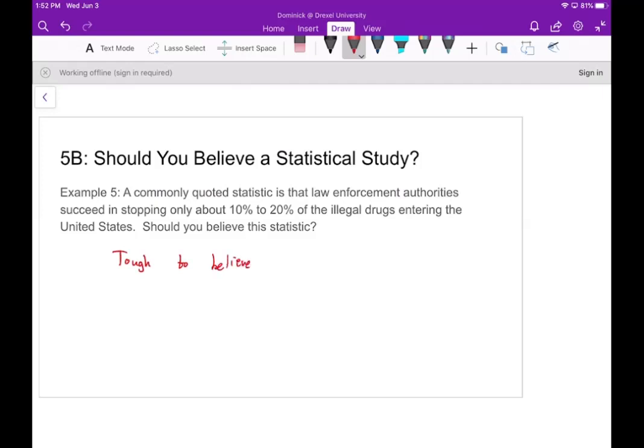And it's tough to believe for a couple of things, right? Because how do we know how many illegal drugs are coming in? Because they don't go to law enforcement and say, hey, I have illegal drugs, and we write it down, right? So it's tough to believe because we really don't know how many illegal drugs are entering the United States.